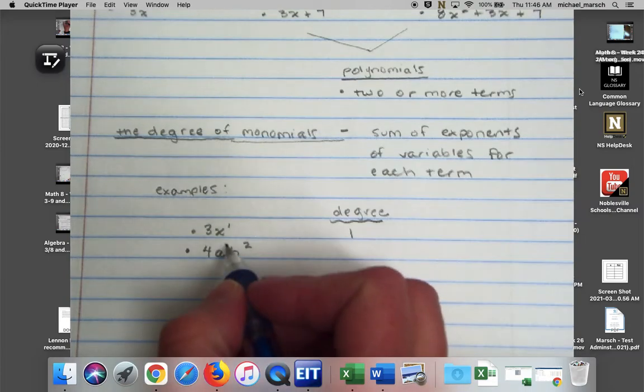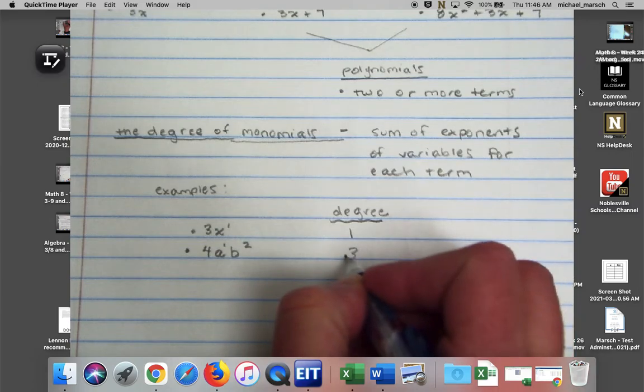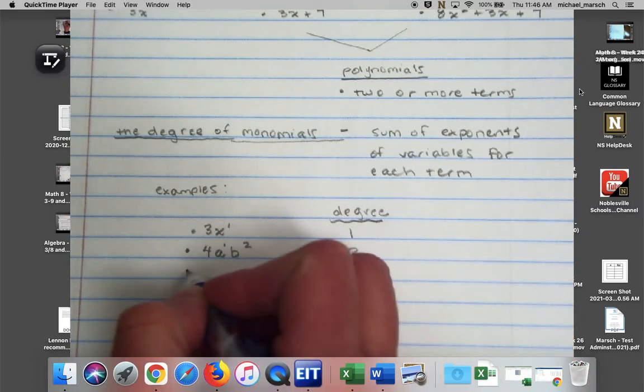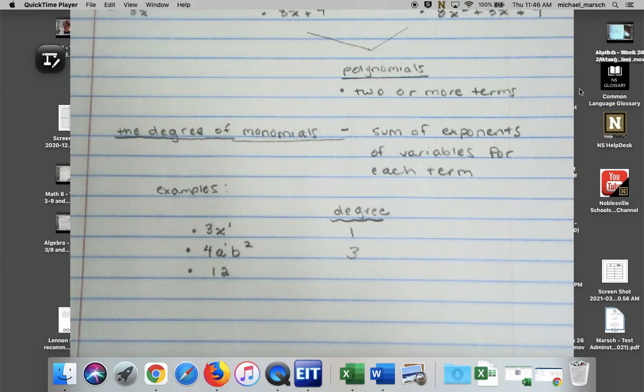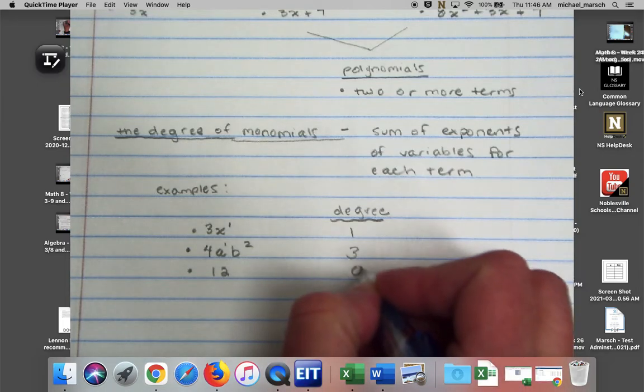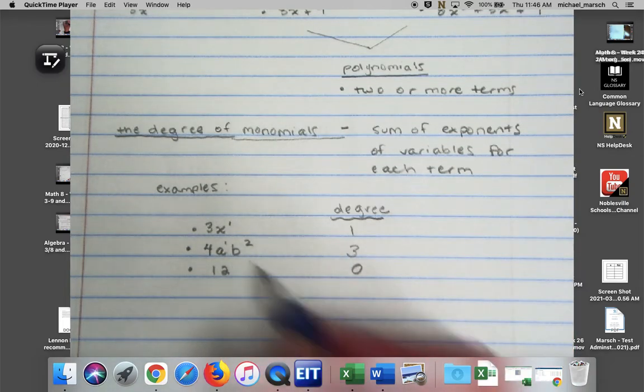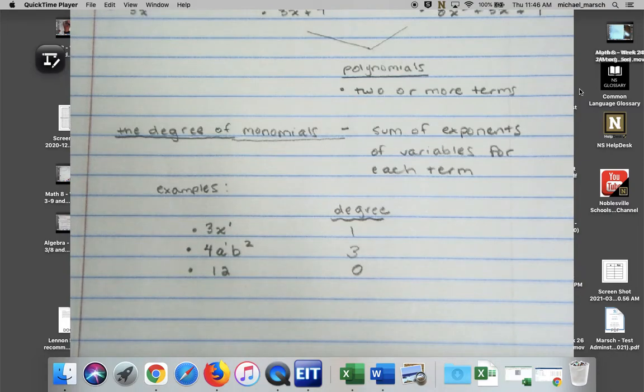Because there's that secret 1 right here. 1 plus 2 is 3. What if I have something like this? 0. Yes, my degree is going to be 0 because remember there's that x to the 0 power. That's what they talked about in the video.